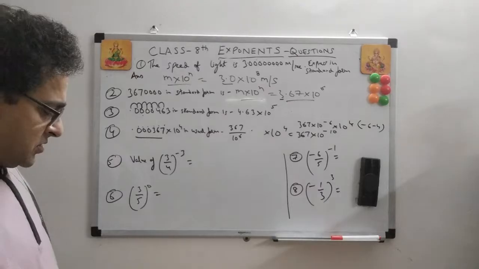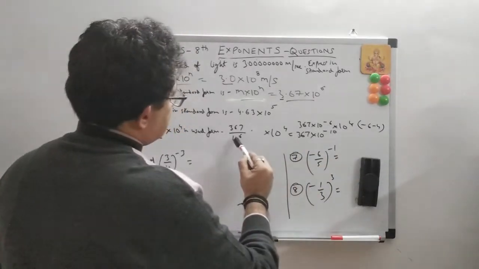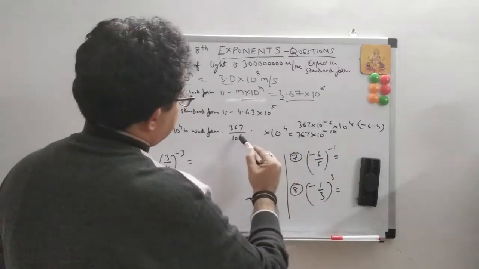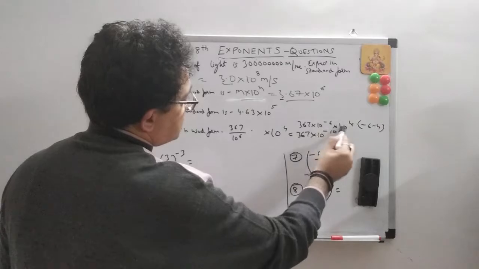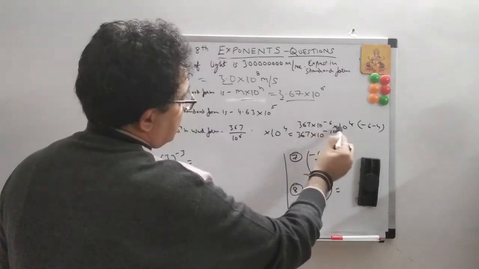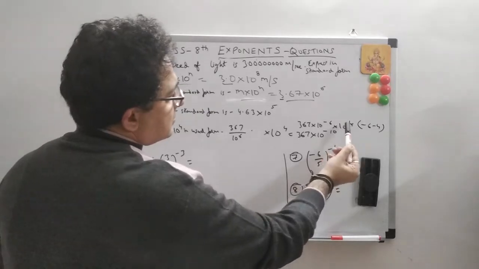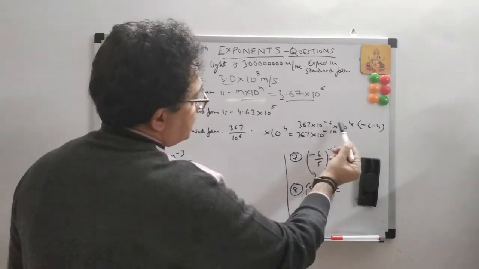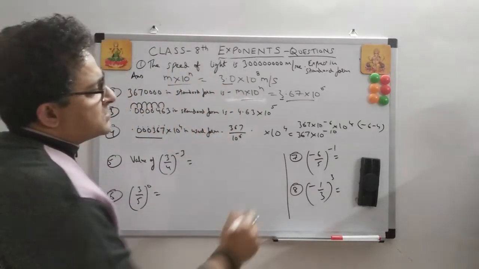Is it m minus n? Okay, they both have the same base, and when it's a multiplication, the powers will be added, not subtracted. It's not division, it's multiplication.